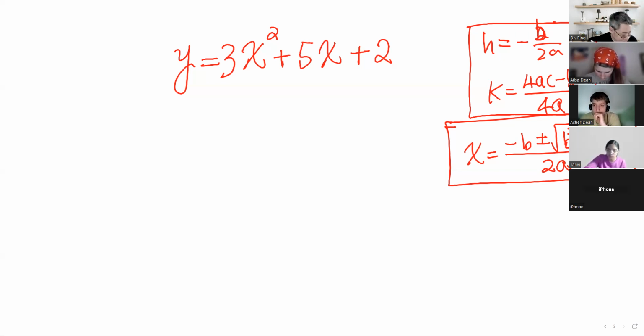Plus one, that would be. So, which did I get wrong, just the x solutions? You got the vertex point right. Yeah, good job.